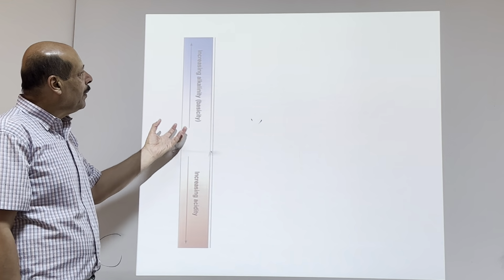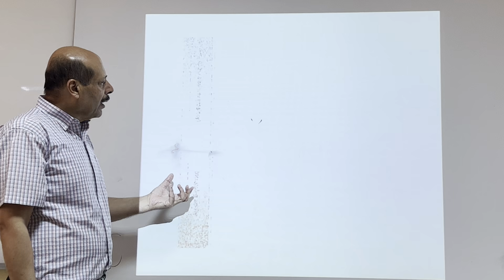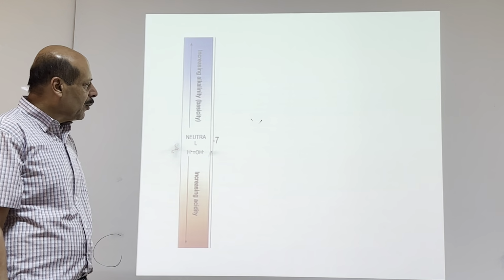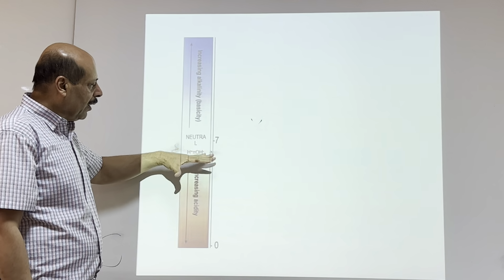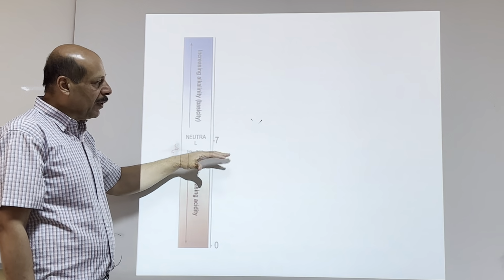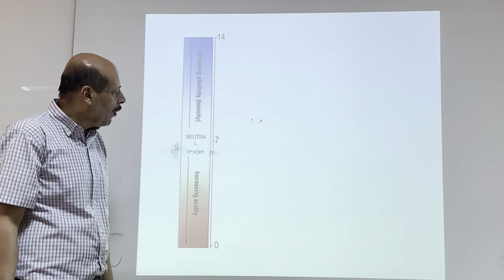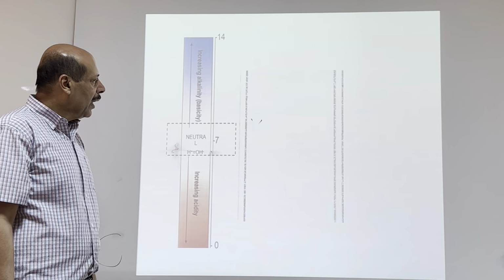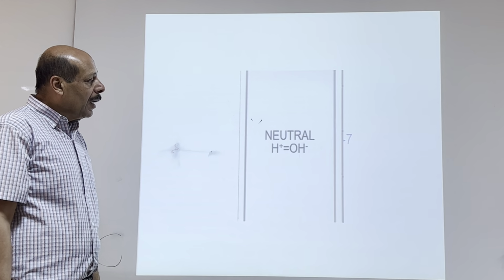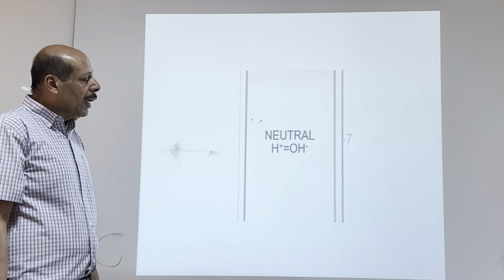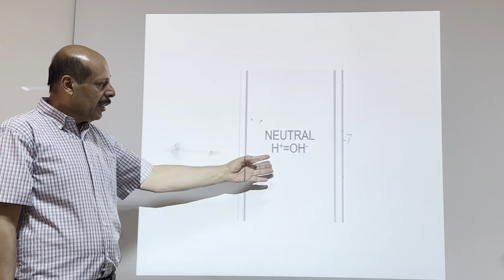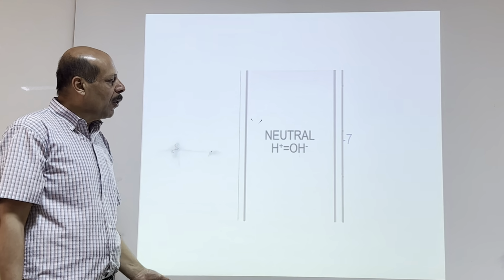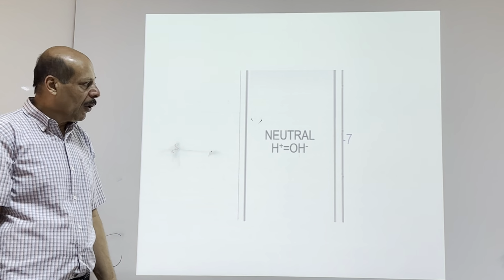About the pH, as we said, it is considered neutral when it is between 7.35 and 7.45 in the blood. If the hydrogen increases, it goes toward acidosis. If the OH, or hydroxide, increases, it goes toward alkalosis.